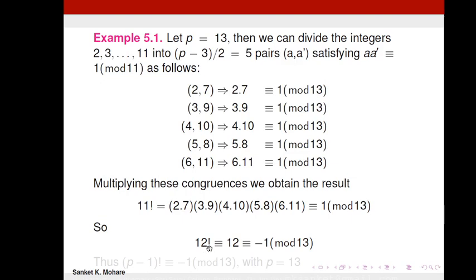That's why 12 factorial is congruent to minus 1 modulo 13. Thus (p minus 1) factorial is congruent to minus 1 modulo 13, with p equal to 13. This example will help you understand the proof of the theorem, and the proof will help to understand this example.